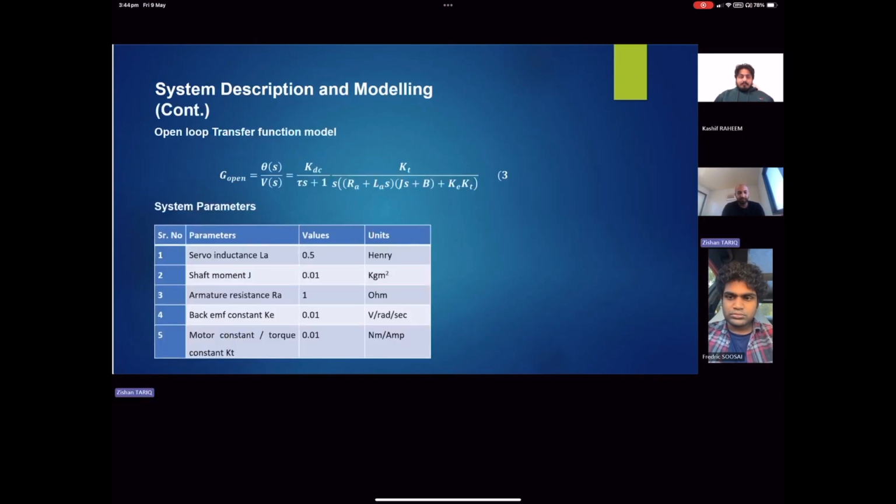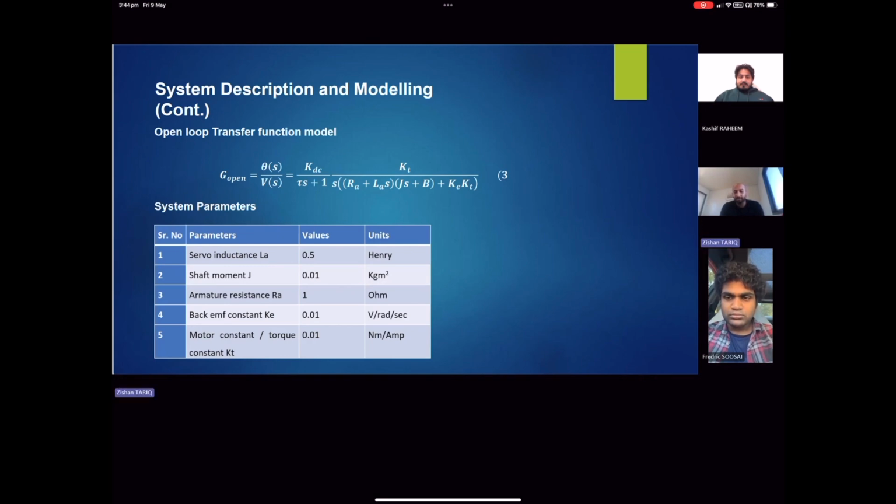Then these are the parameters that we are modeling. One is servo inductance, denoted by L, then shaft movement by J, then armature resistance, RA, then back EMF constant, KE, then the motor constant, torque, KT.